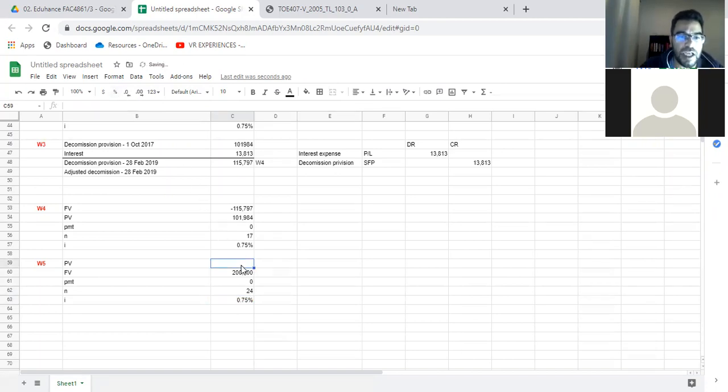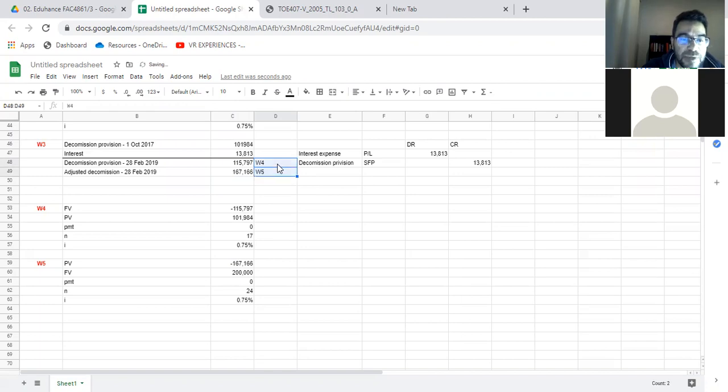Now we can work out the PV, the present value. We need the discount rate, N, PMT, and the future value. Payments happen at the end, so I'll make it 0. So we have 167. The adjusted decommission provision is equal to 167, and this is going to be working 5.